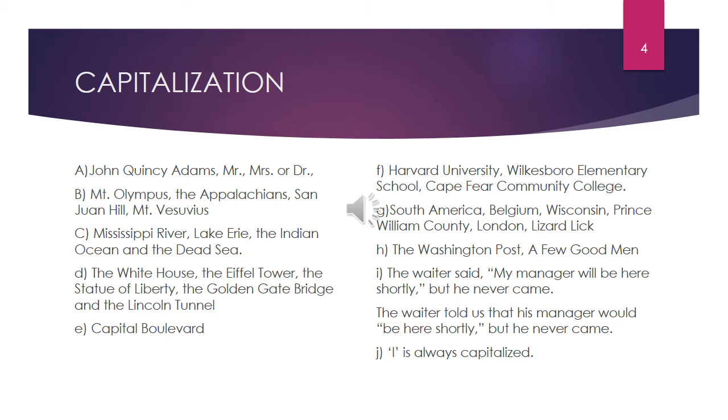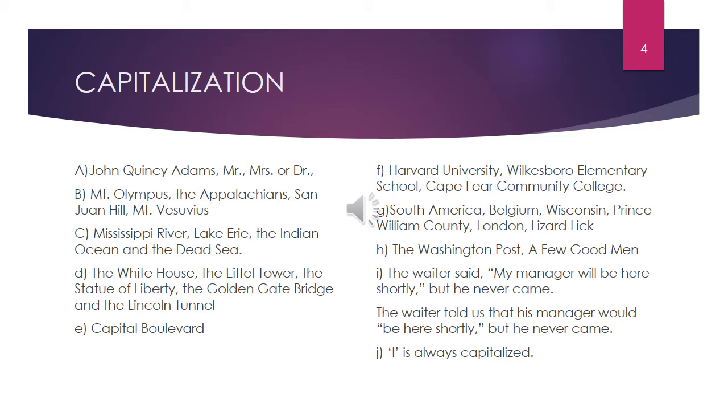Third example, you can see these are the names of bodies of water like rivers, lakes, oceans, seas, streams and creeks. All these start with a capital letter, right? Like Mississippi River, Lake Erie, Indian Ocean, Dead Sea.